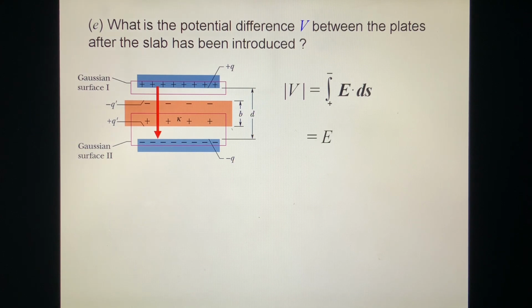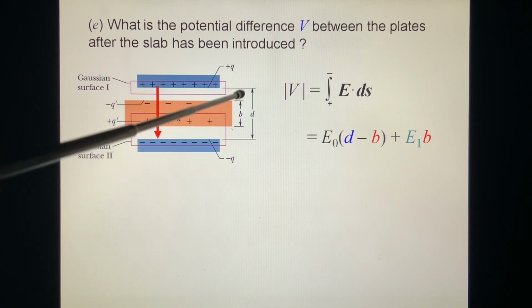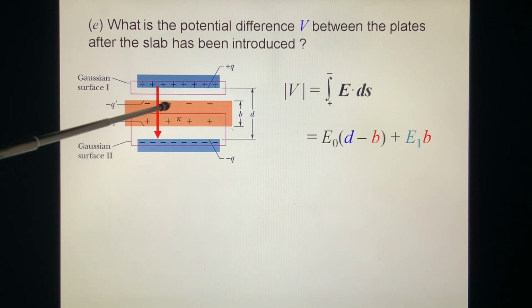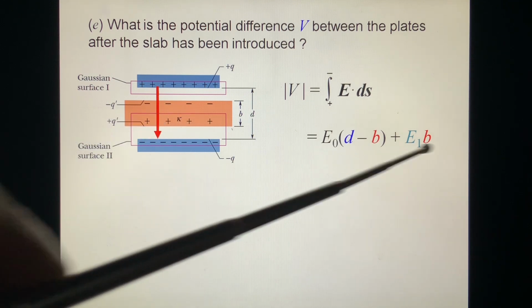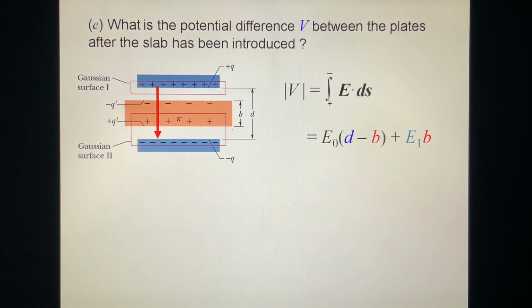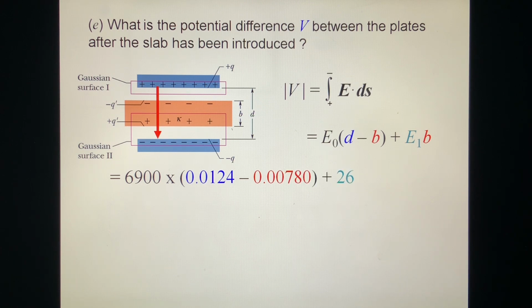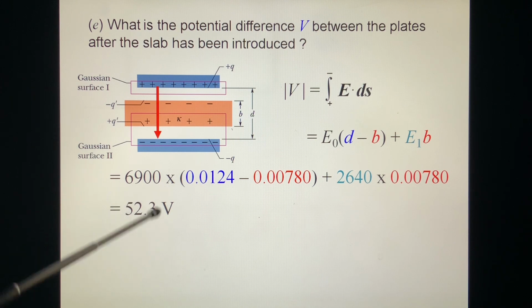The first is E0 over length, then E1 times B, and E0 over the remaining length, for a total of E0 times D minus B, plus E1 times B. We put the numbers inside and get V. It's elementary school math, so I'm not going to do it. The answer is 52.3 volt.